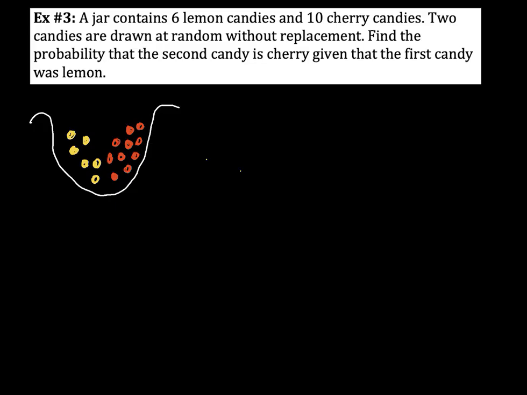Do you have to draw it? No, but I'm just drawing the picture for illustrative purposes. So what that means is that we have 6 plus 10 equals 16 total candies.